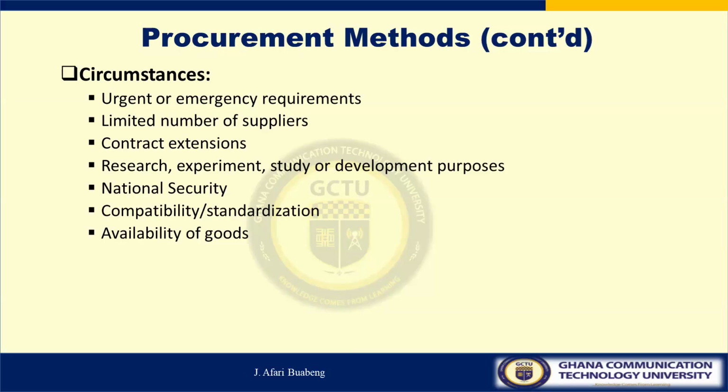And for some competitive tendering methods, the process can last more than 6 months or 8 months. So if you need something within a week, using competitive tendering method, even though it is the default method, will not be suitable. Okay.